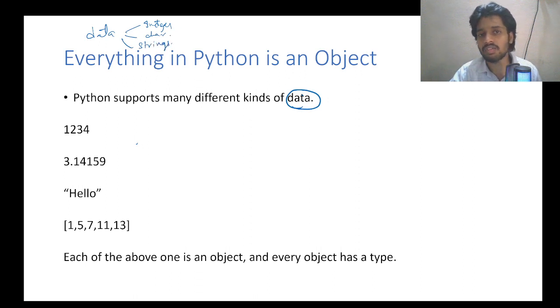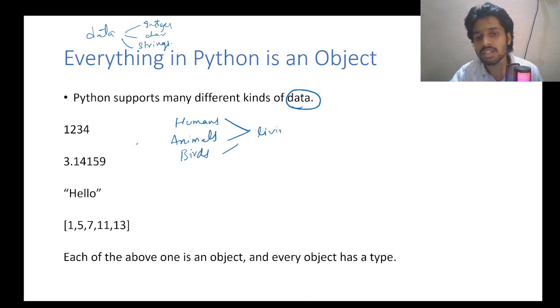Even in the real world, if you look at different living beings, we have humans, we have animals, we have birds. These are different types of living beings.